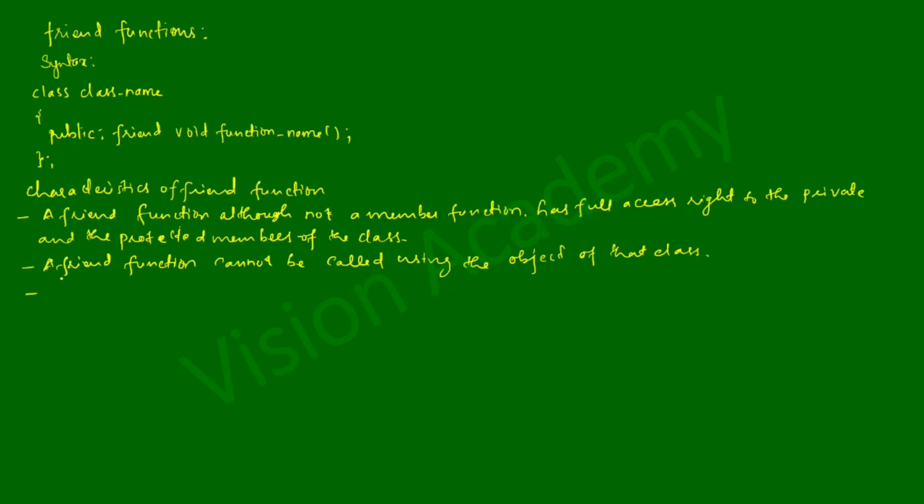The third point is that the friend function can be declared anywhere in the class definition, and it is not going to be affected by any of the access specifiers. I'm going to write: the friend function can be declared anywhere in the class definition.